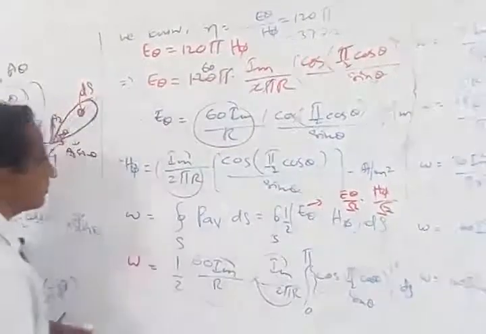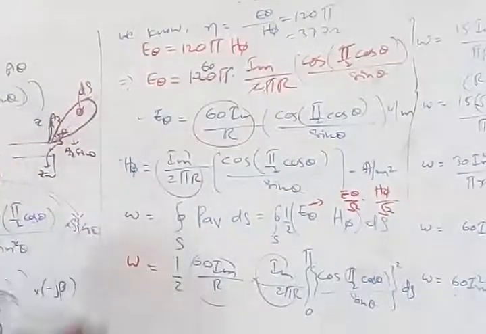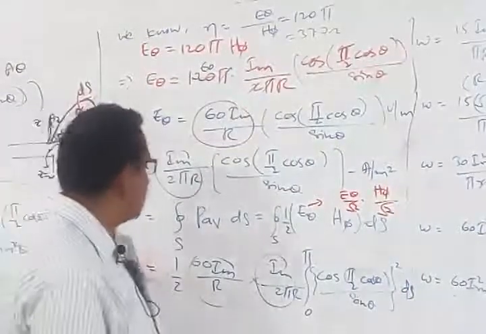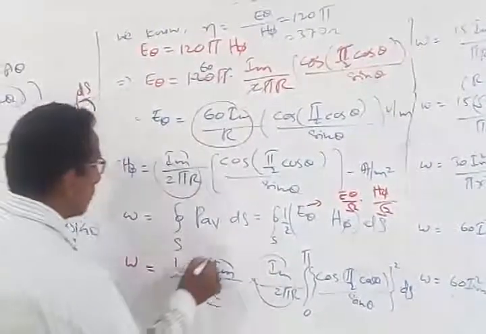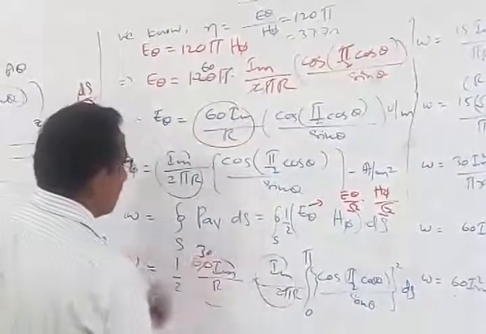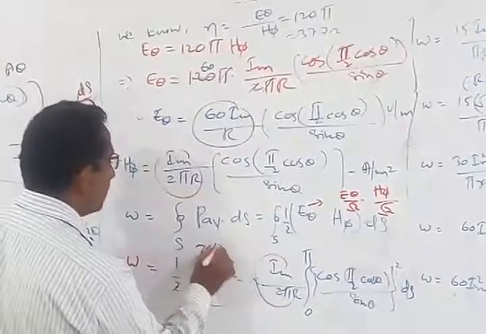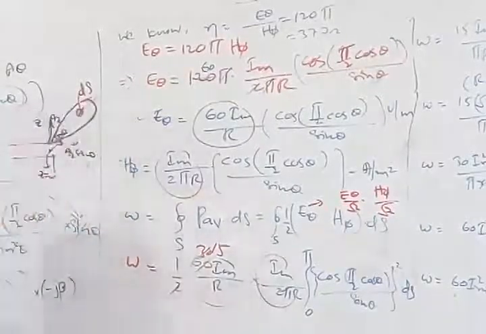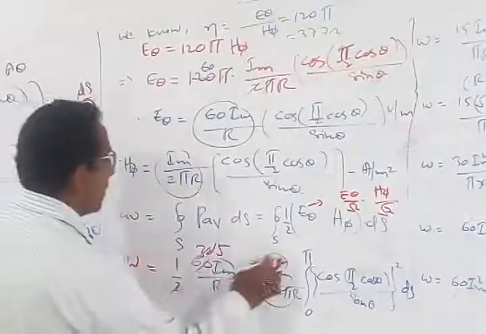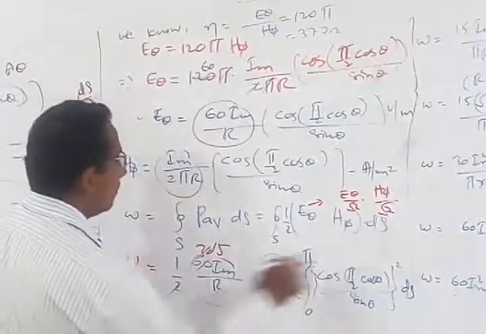Now we have to solve this particular equation in order to get the final equations. Here 60 by 2 is 30, and 30 by 2 is going to be 15 for us. So I will have 15 into I RMS square by r square into this factor.